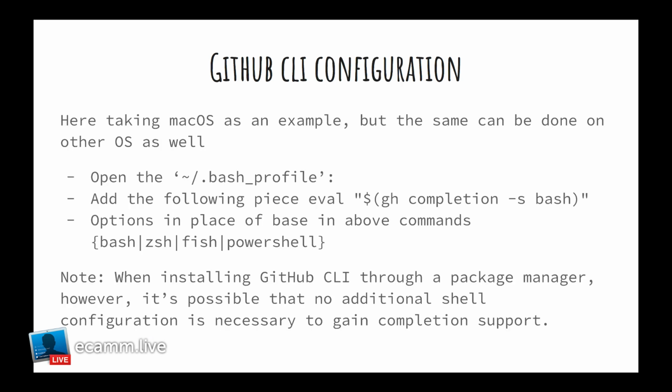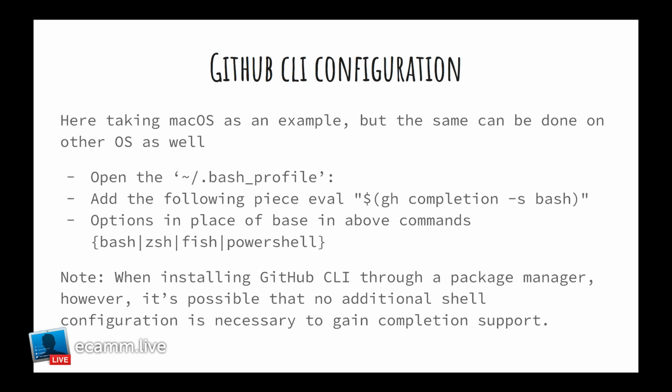And then if you want to do a quick configuration, by default, if you have installed it through any package manager, you'll be getting these options. If not, there are two ways that you can install. One is through a package manager like Brew, or you can download and install.